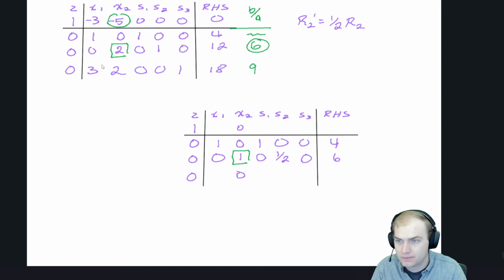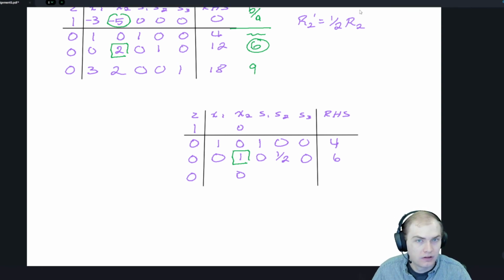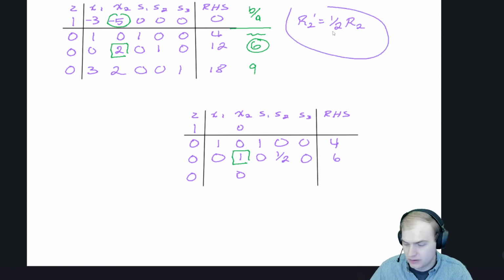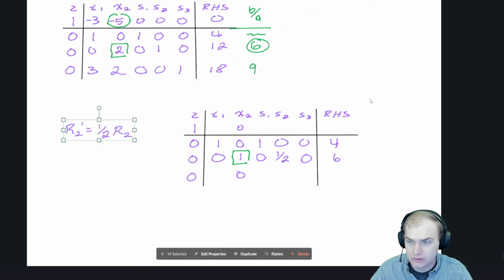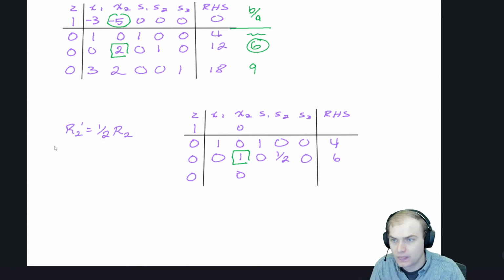About row 3, why am I writing that up there? I've always written it on the side. I'll get confused. Then we will have row 3 prime is row 3 minus row 1.